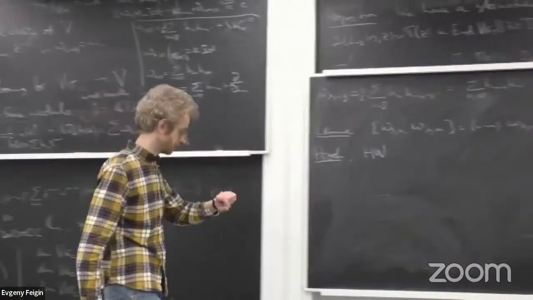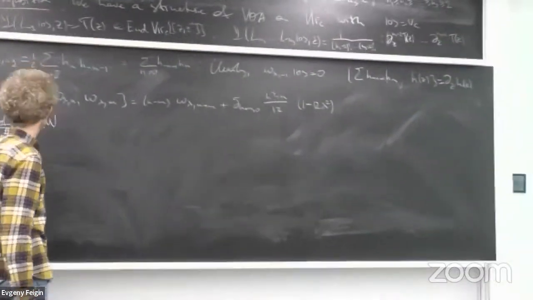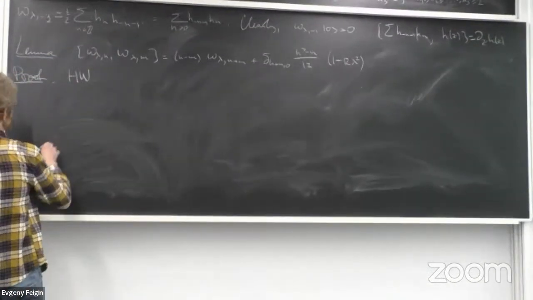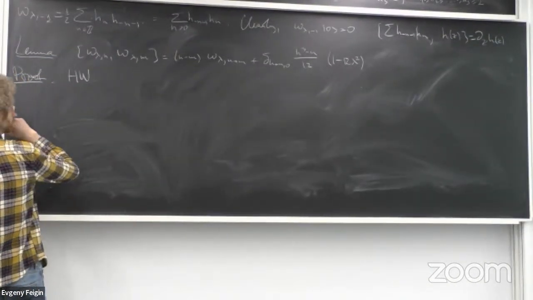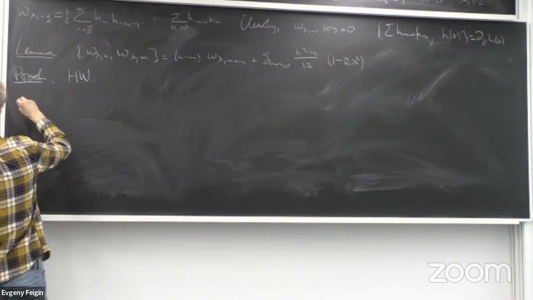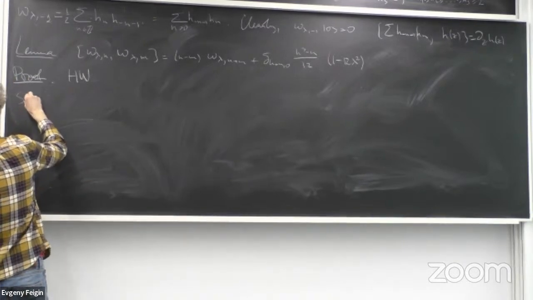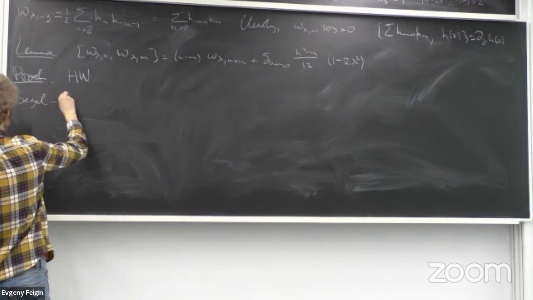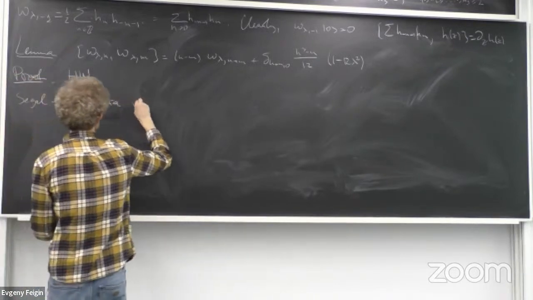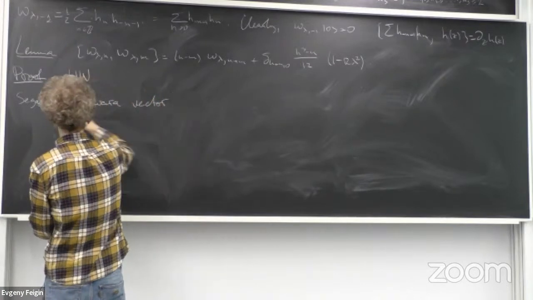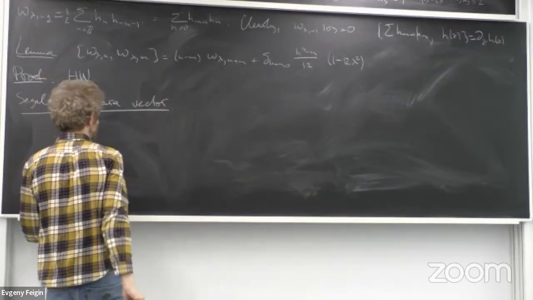Okay, and now we have several more minutes. Let me mention the construction of the so-called Sugawara vector. So this is the Kac-Moody setting.